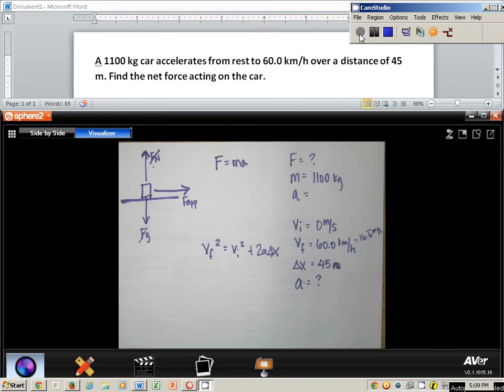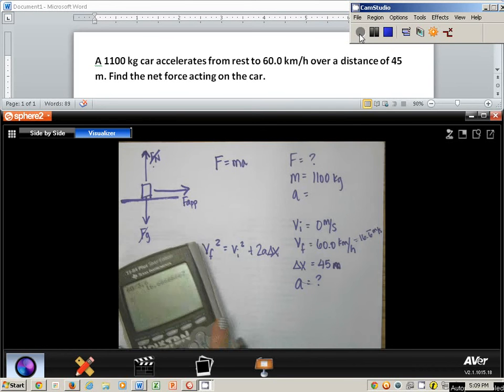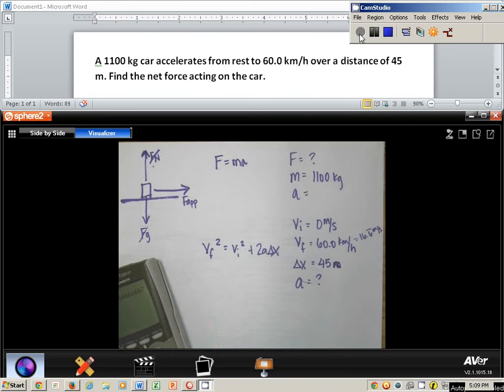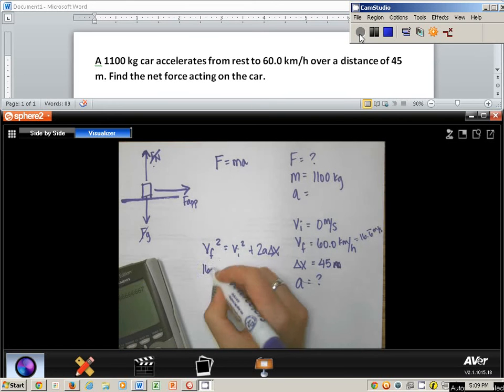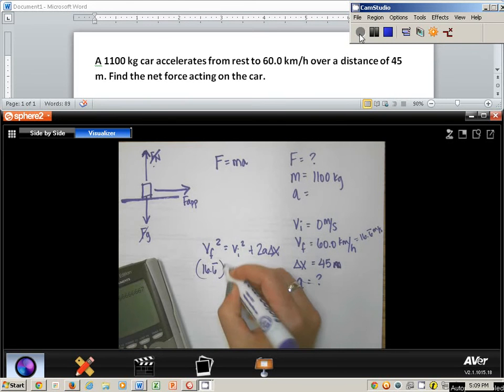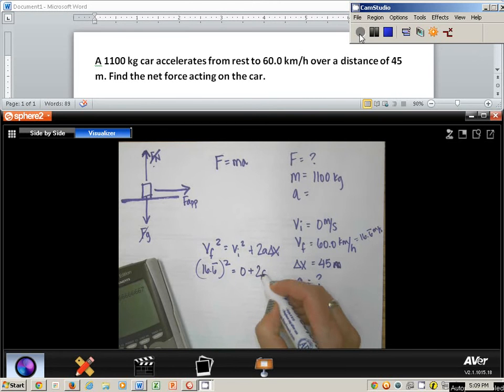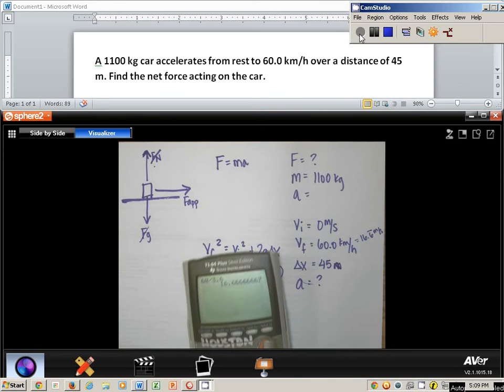Now I'm going to save all those digits. I've already done it. It's here in my calculator, and I'm going to keep that number. It's going to go here as my 16.6 repeating squared. VI is 0 plus 2 times A times 45. Since I've already got this number in my calculator, it's really easy to just simply square it.